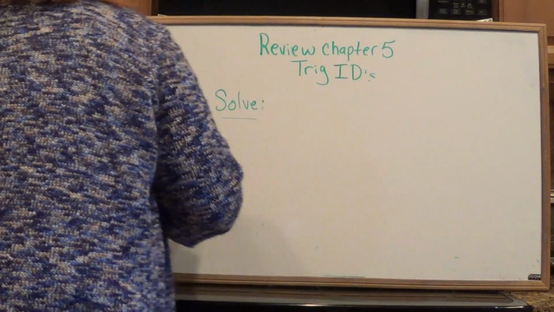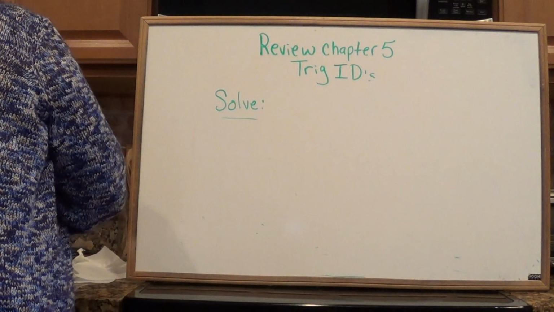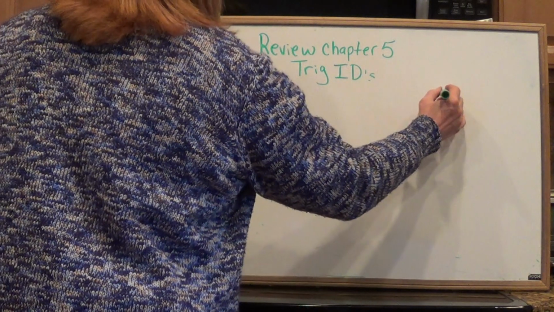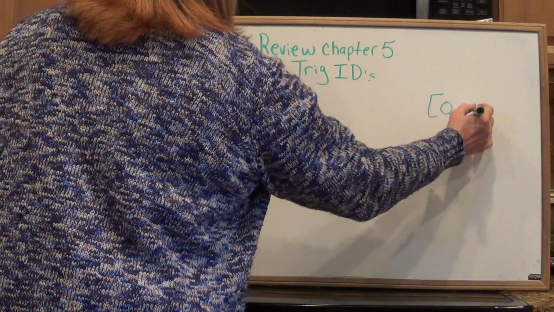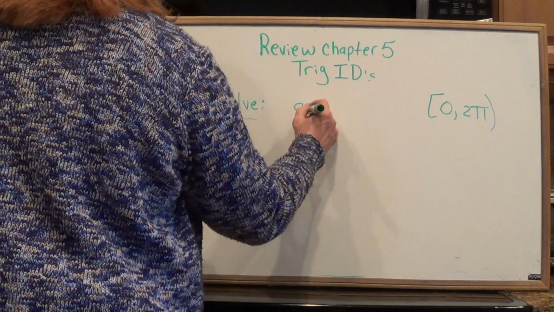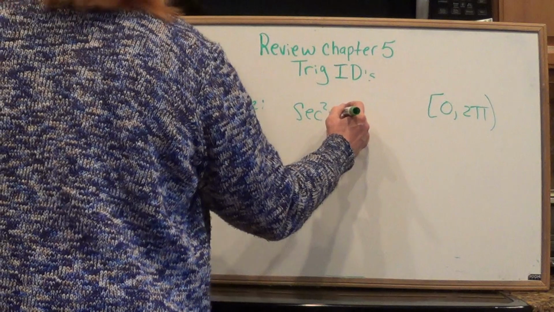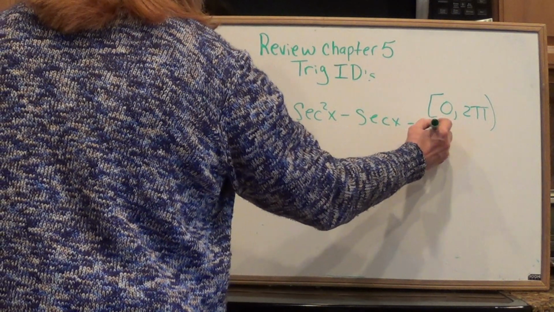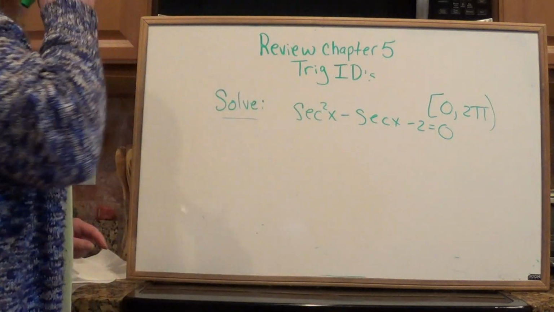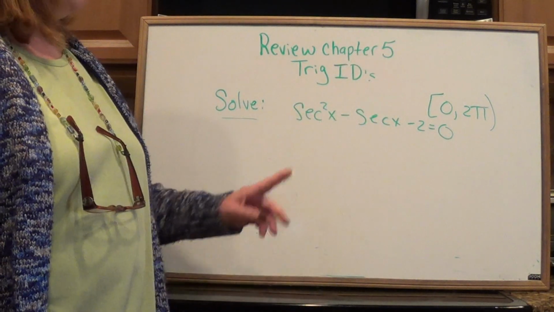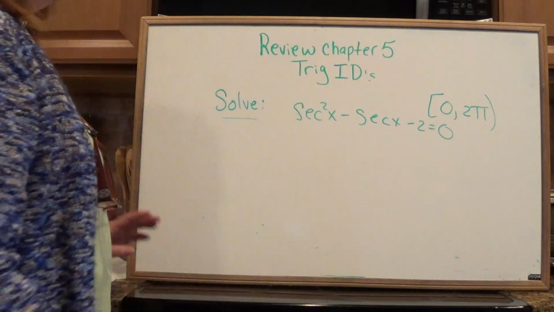All right, this last one that I would like to do is solve, and it's going to be on this range that I'm going to look for the answers, and it's secant squared x minus secant x minus 2 equals 0. If you would pause for a moment, have a pause point, and factor that for me.